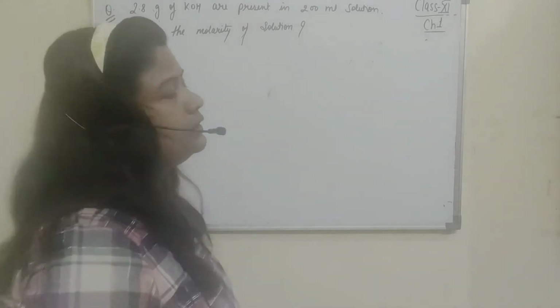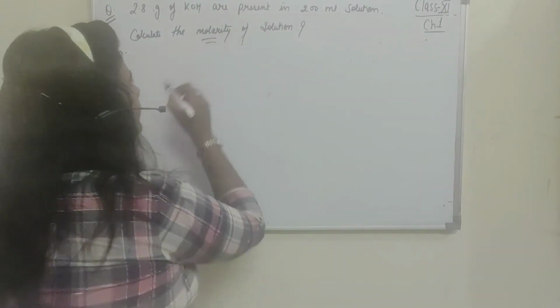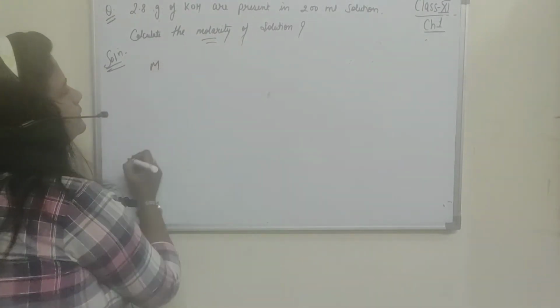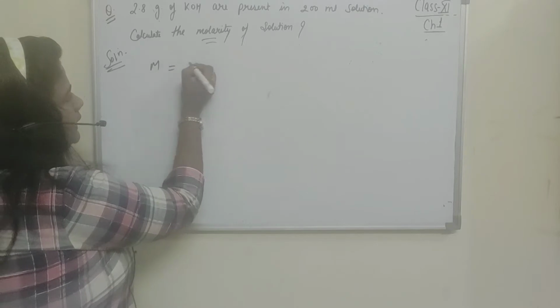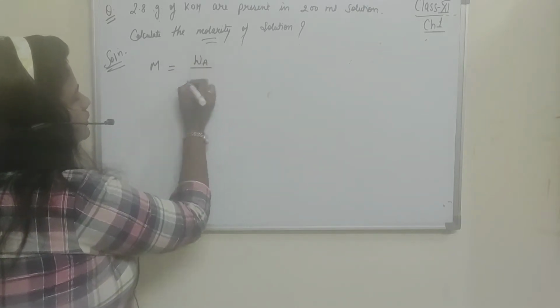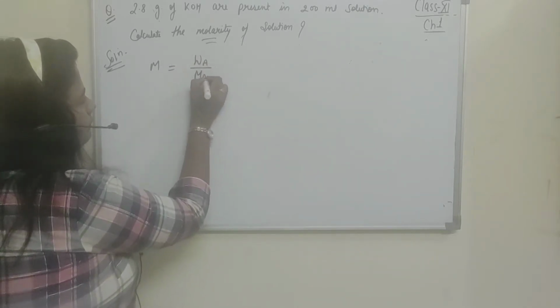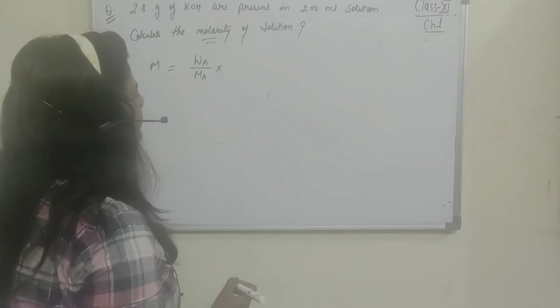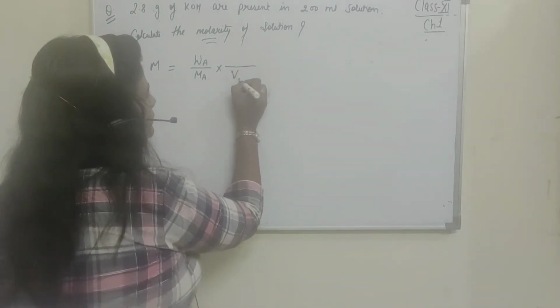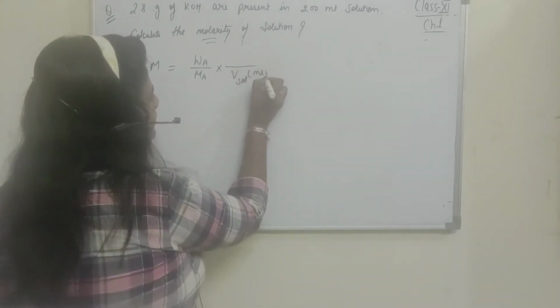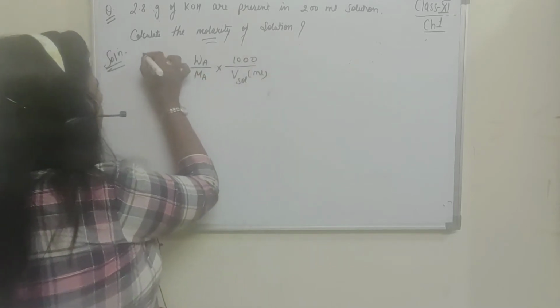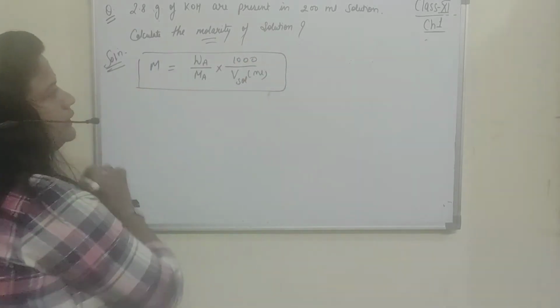First of all we will write the formula of molarity. We have to calculate the molarity. So molarity, represented by capital M, will be equal to WA upon capital MA multiplied by volume of solution in ml into 1000. This is the formula to calculate molarity, correct?